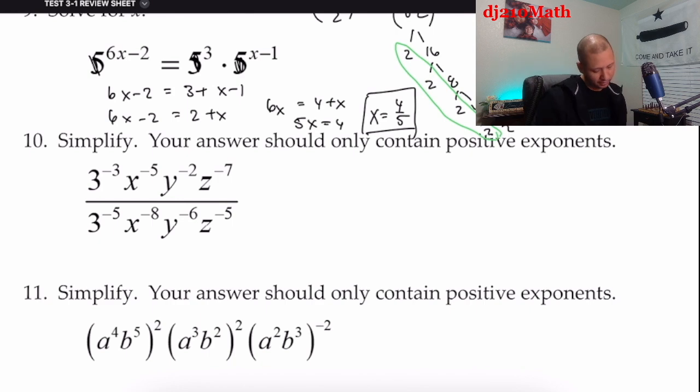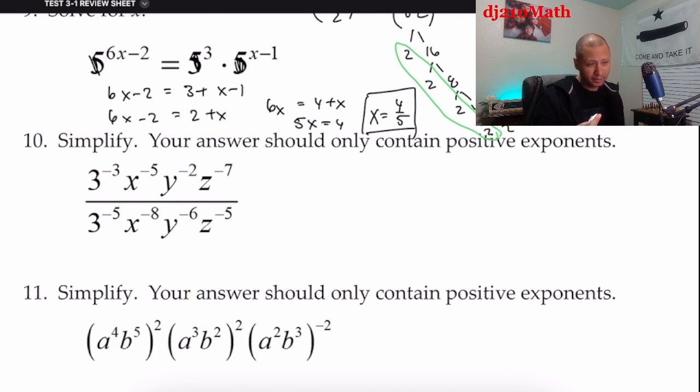Simplify. All right, so we don't like negative exponents. Here, every exponent is negative. So you could, in this case, reciprocate everything, flip everything, because everything's negative. If there were a couple of negatives here and there, sprinkled in, and then there were some positive numbers, it could get really confusing.